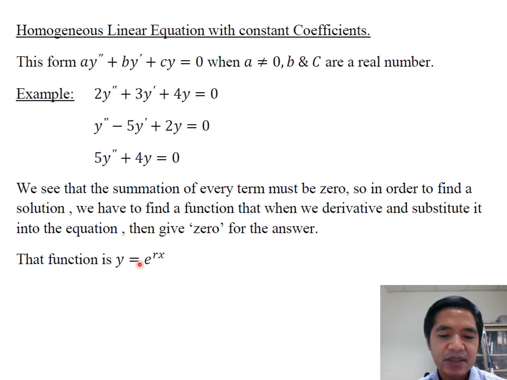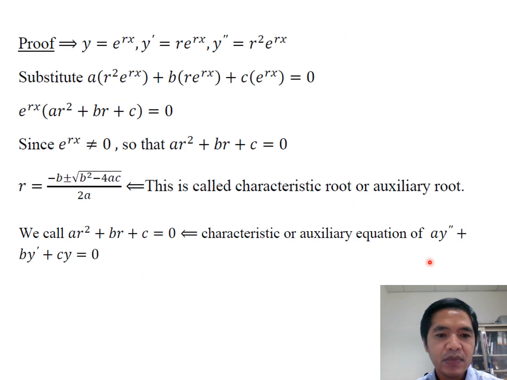That function is e to the rx, which is going to be the answer of this homogeneous linear equation. Now let's take a look at how this kind of function is going to be the answer.